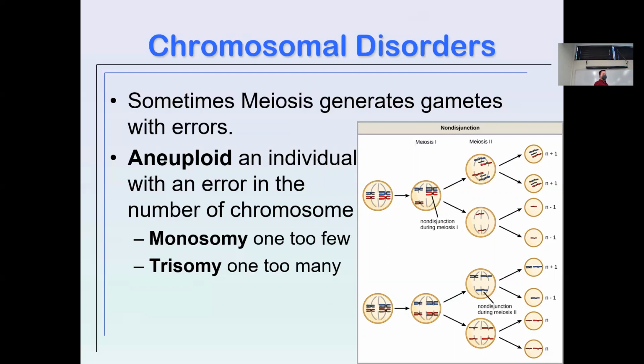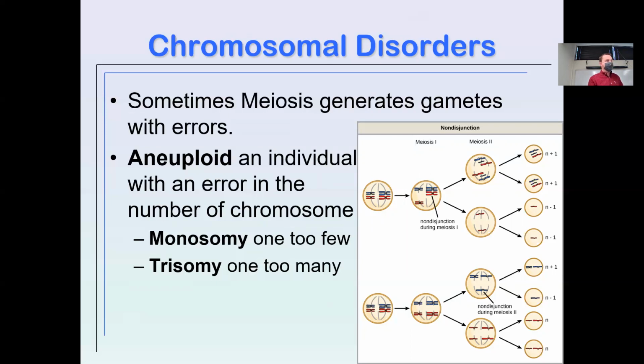Most chromosomes in most organisms, this is fatal. At least in animals, especially in mammals, this is pretty fatal most of the time. There are a few exceptions. But with your larger chromosomes, if you end up with 1 too many or 1 too few of the large ones, because there are so many genes coded on the larger chromosomes, it does not work out well.